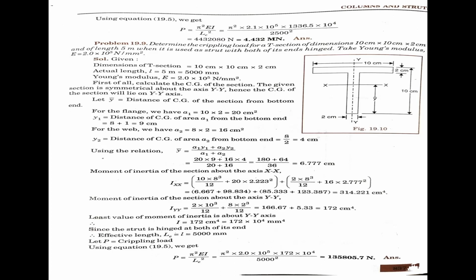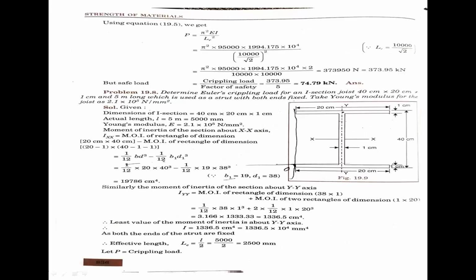Right, this process you follow, and for the I section also you calculate the moment of inertia Ixx and Iyy, and follow the conditions for both ends hinged and both ends fixed, using Euler's formula. These are the example problems you have to calculate step by step.